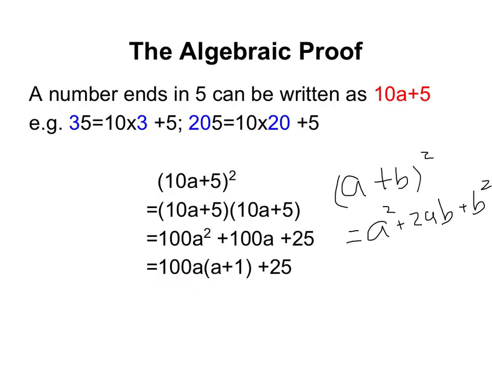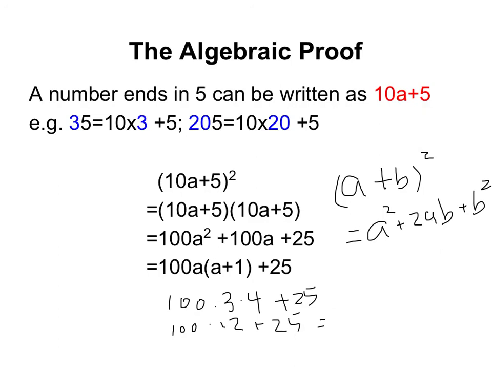So in the case of 35 right here, what we will get is 100 times 3 times 4 plus 25, which is 100 times 12 plus 25.